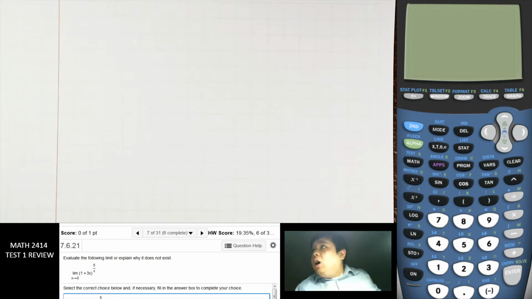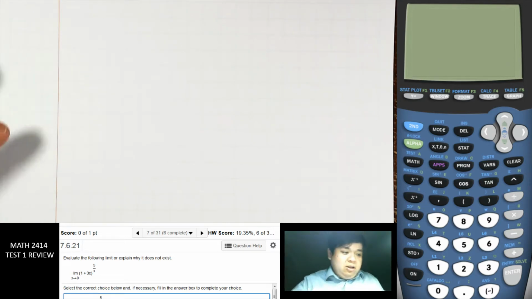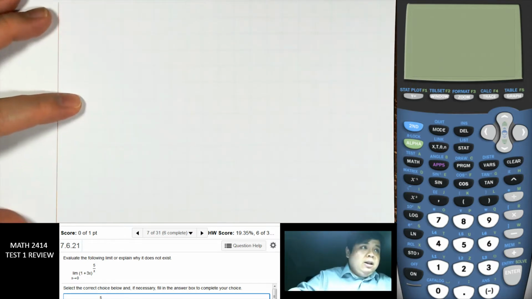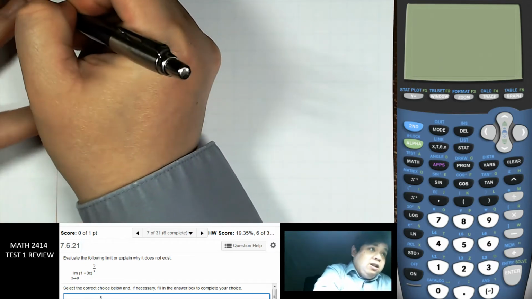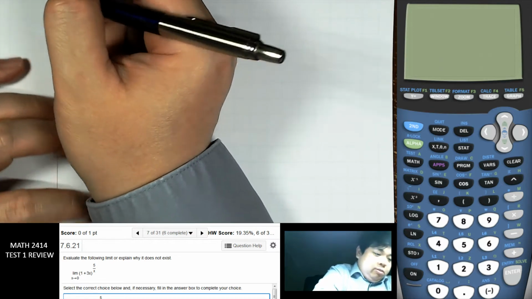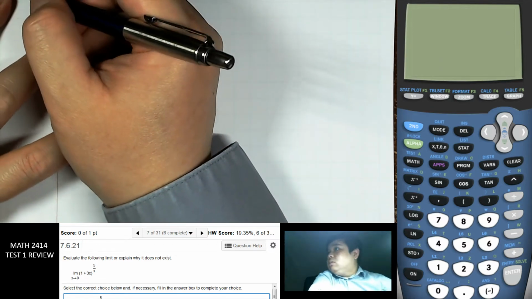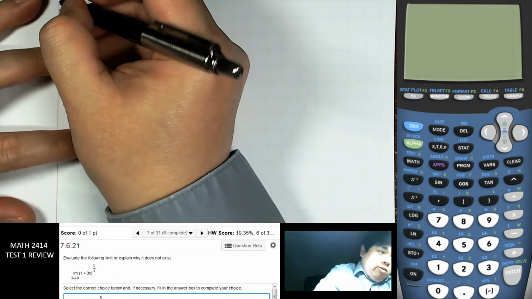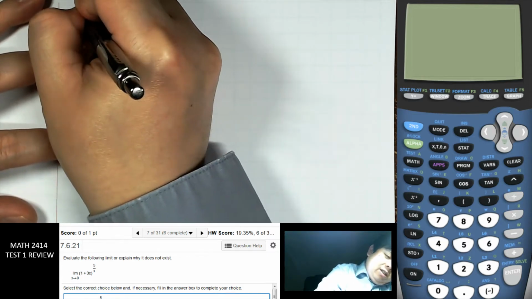Right. Evaluate this. Okay, that is number 7. Use L'Hopital's rule for this indeterminate form. So find the limit.